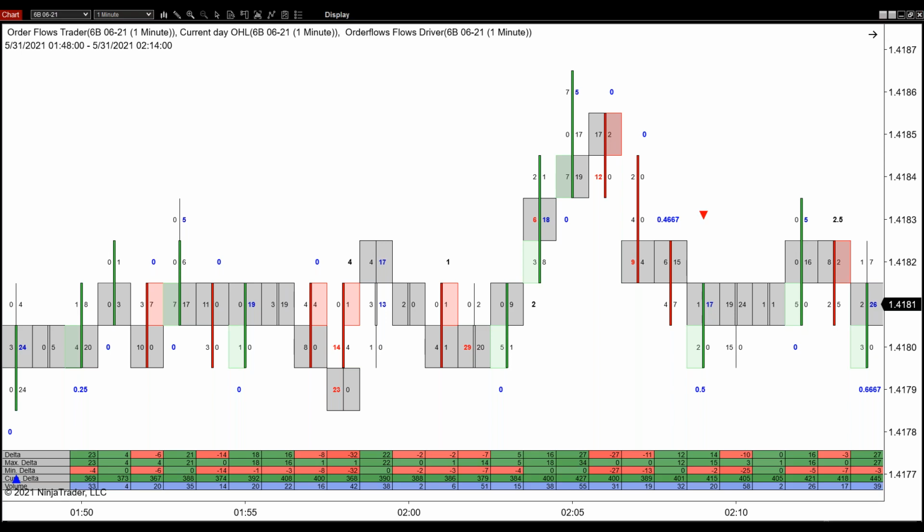Just give me a second here. What chart do I want to look at? Make sure I've got the right chart up. All right, just bear with me. What do I got here? This is British pounds. Okay, we'll start with the British pound here.